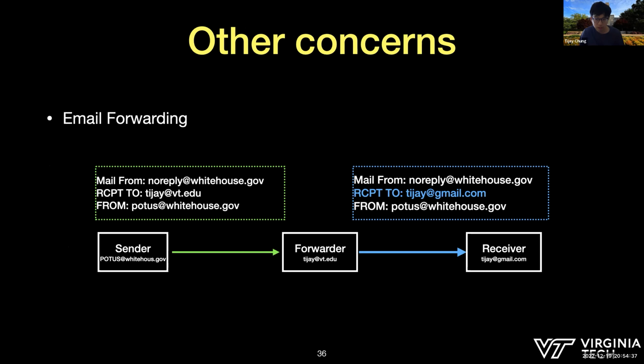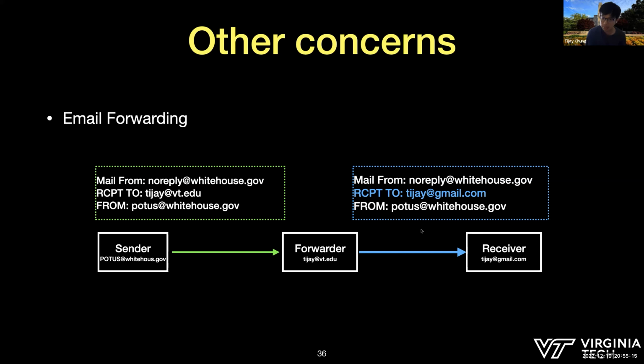There can be some other concerns as well. For example, if this email is using a forwarder. In the case of Virginia Tech, I'm forwarding all the email to my personal Gmail account. In that case, the mail from header indicates the White House sent the email, the mail from is also the White House, the recipient is TJ, and the from domain name is whitehouse.gov. Then the forwarder just forwards the email to Gmail.